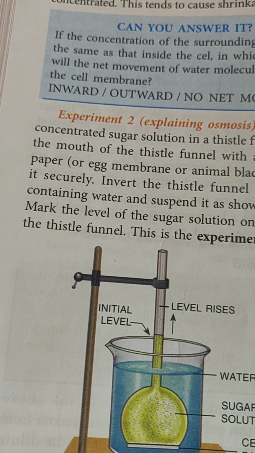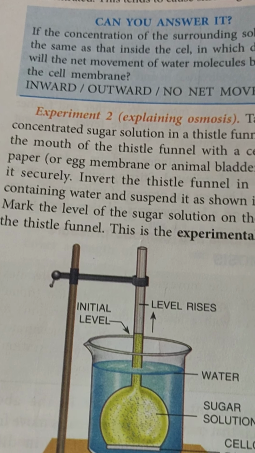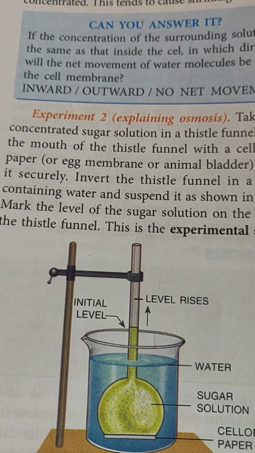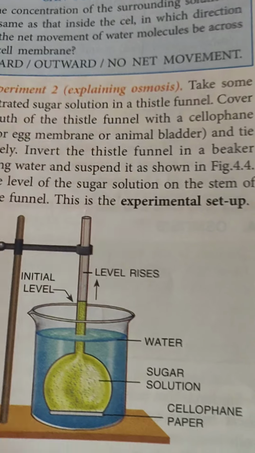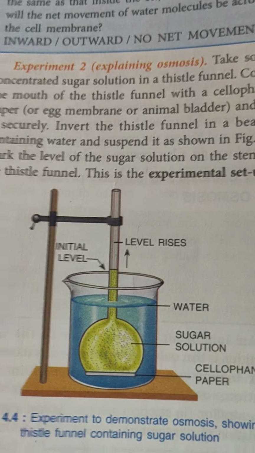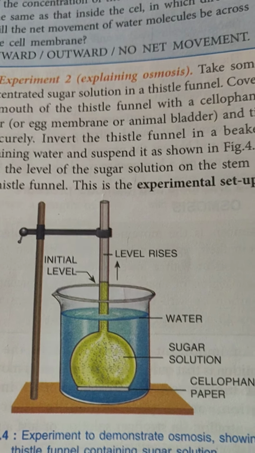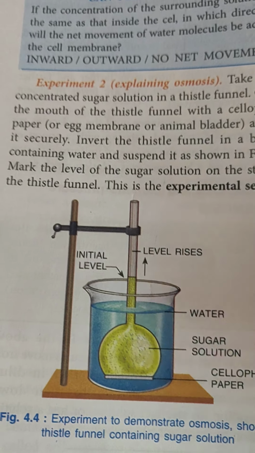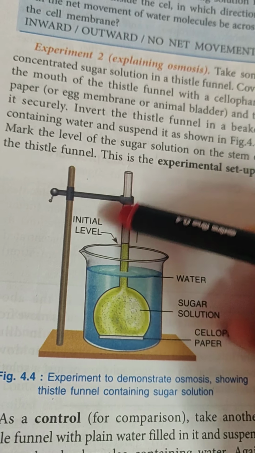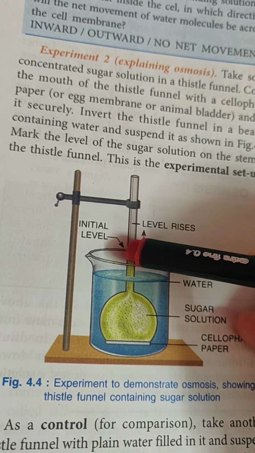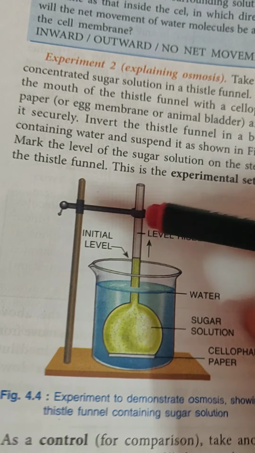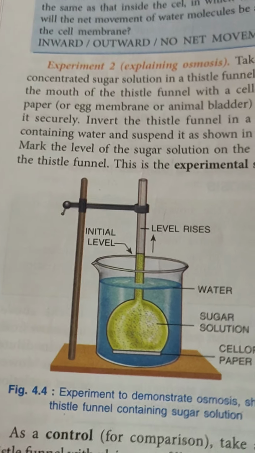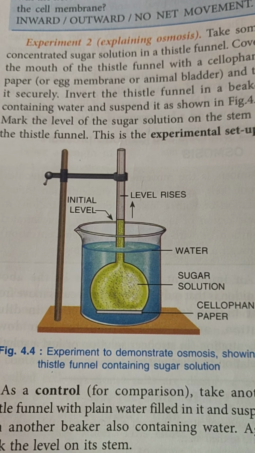In this state of equilibrium, the water molecules from the beaker tend to force upwards. But what happens? Now you might ask why it happens. Then is osmosis wrong, or does osmosis not take place? It does. But see, when the initial level is rising, the height of the column is rising, and with the increase in height, the weight is also increasing.